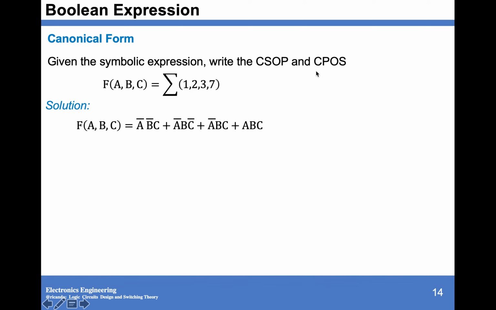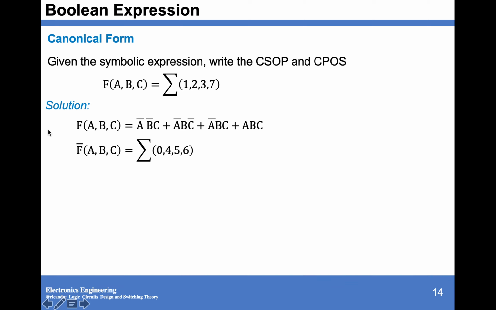Now, if we have to get the product of your max term, first we have to write the complement of your f. So the complement of your f is those values that are not found in your symbolic function. So those values that are not found in your symbolic function are 0, 4, 5, and 6, and they are your f bar.